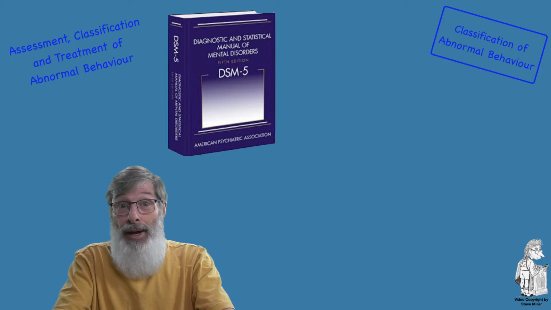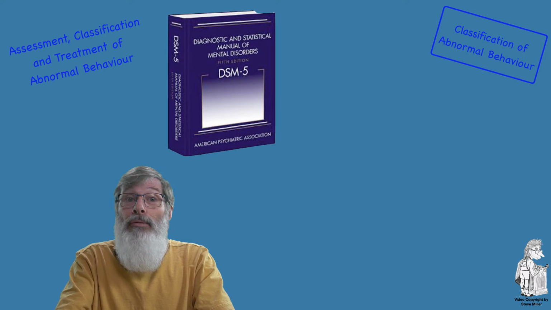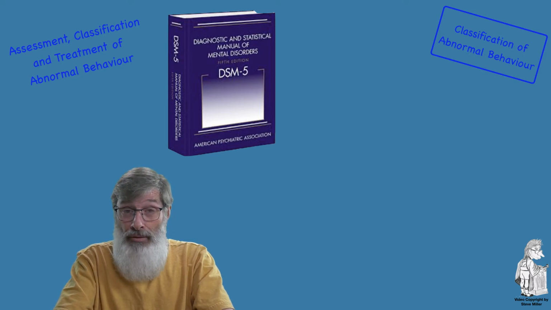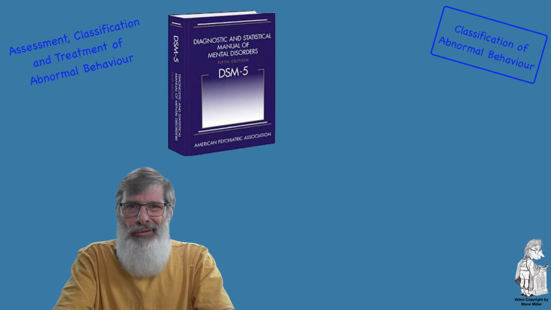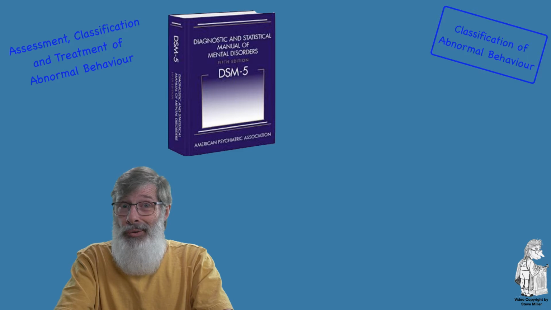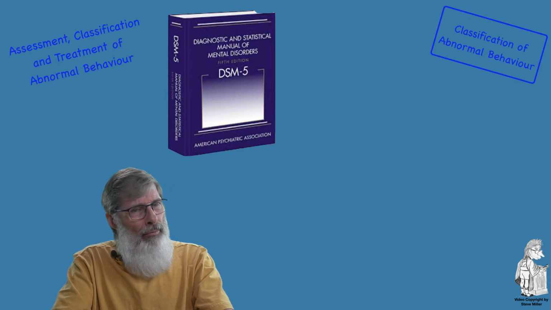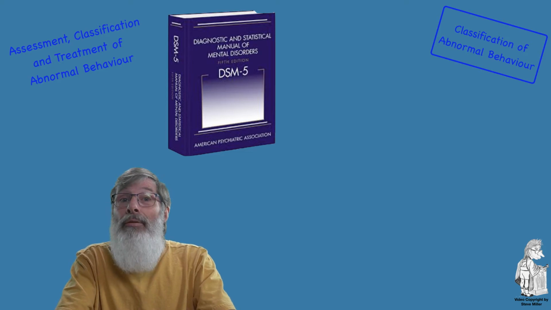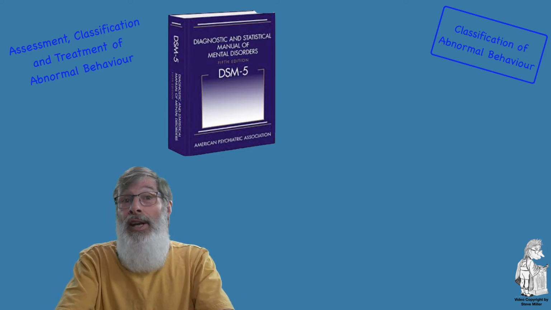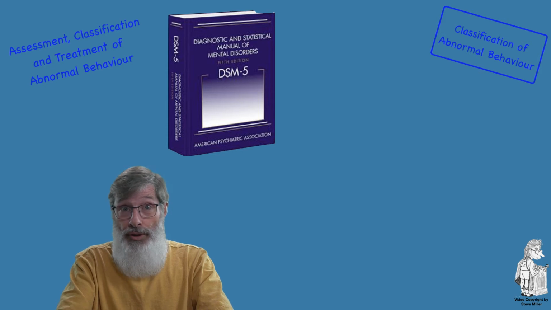New disorders were added, including disruptive mood dysregulation disorder, or DMDD, premenstrual dysphoric disorder, PMDD, and hoarding disorder. Now, disorders like Asperger's syndrome were eliminated in favor of a broader category named autism spectrum disorder.